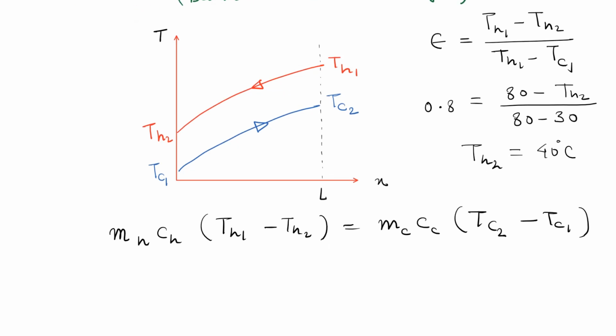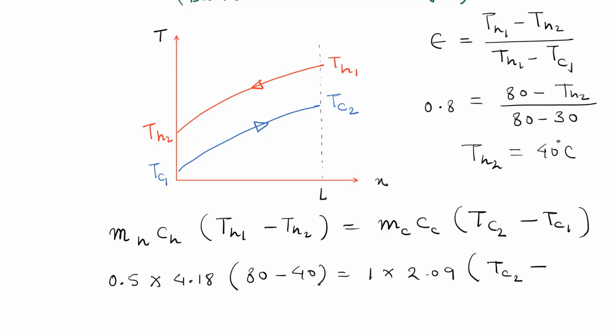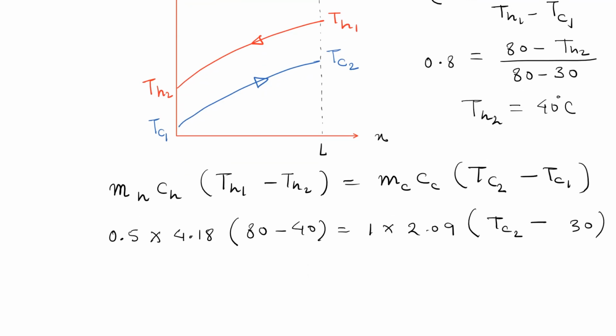Okay, so now let's just substitute the values. All the values are given in the problem. 0.5 multiplied by 4.18. Now TH1 is 80. We found TH2, which is 40. This is equal to 1 multiplied by 2.09. TC2, the value we need to find out, minus 30 degree. Okay, so from here if we solve this, we'll get the temperature of cold fluid at exit will be 70 degrees Celsius.